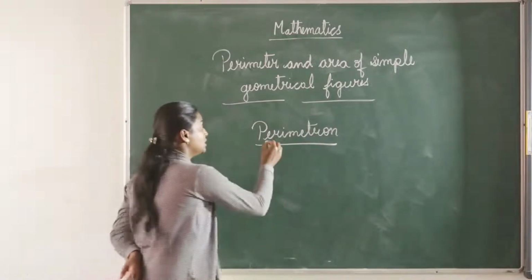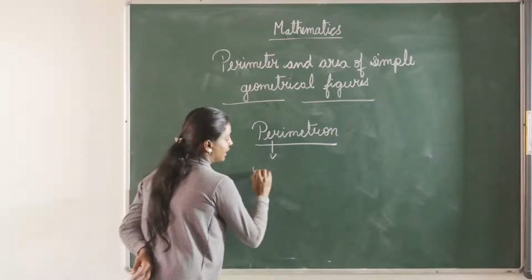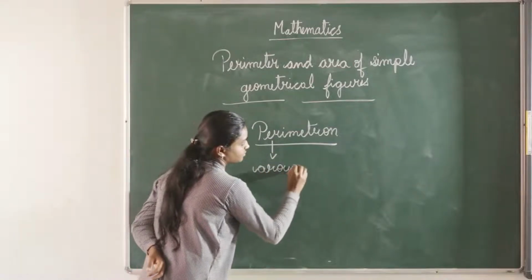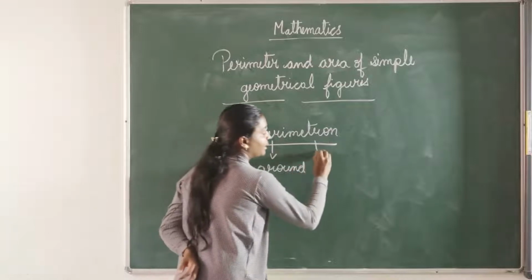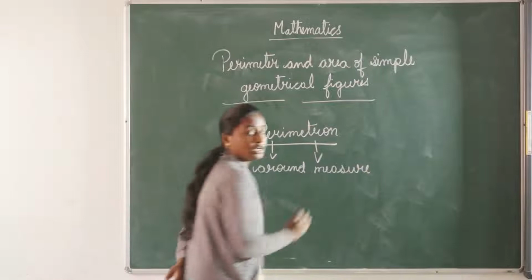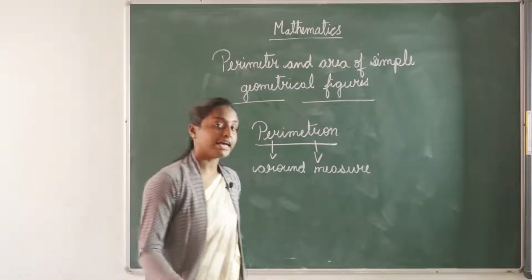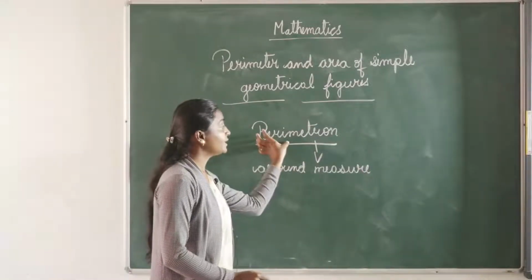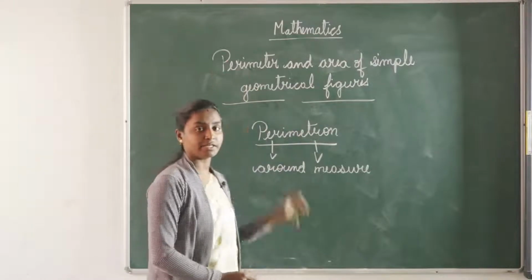Here peri means around and metron means measure. The measurement we take around is called perimetron, or perimeter.